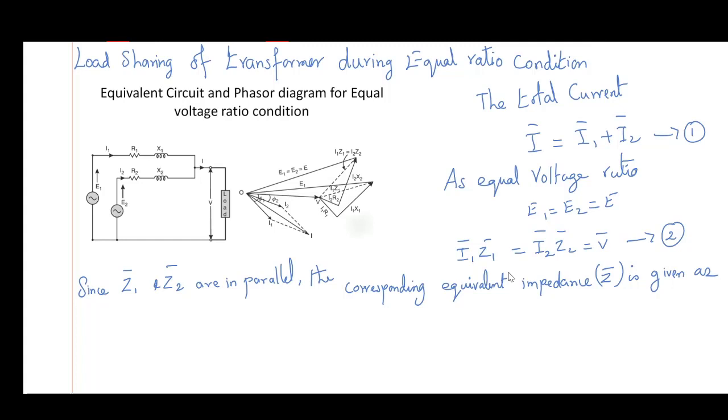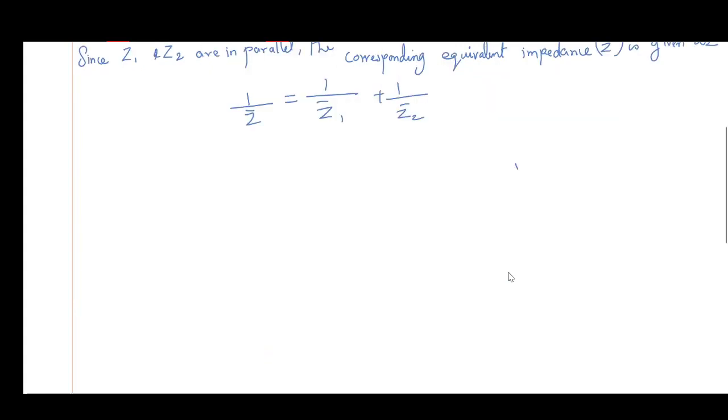For parallel condition, Z equivalent can be calculated as 1 by Z bar is equal to 1 by Z1 bar plus 1 by Z2 bar. When you simplify it, you will get 1 by Z bar is equal to Z2 bar plus Z1 bar divided by Z1 bar Z2 bar.